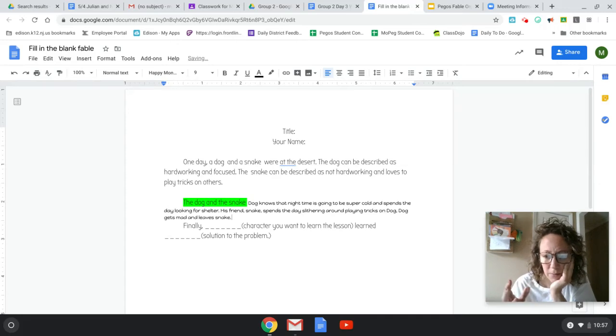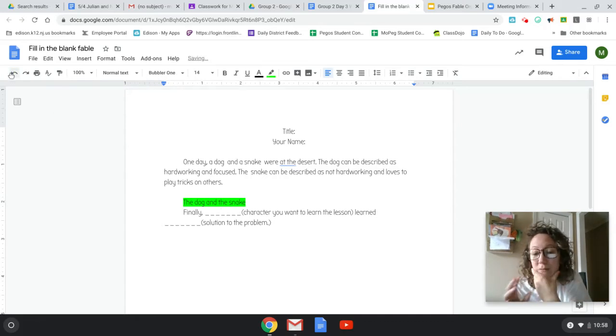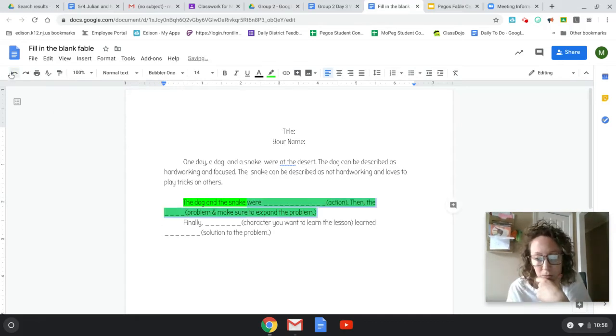And this is my problem, and see if it makes sense. So I could say dog knows that nighttime is going to be super cold and spends the day looking for shelter. His friend Snake spends the day slithering around playing tricks on dog. Dog gets mad and leaves Snake. I can just copy and paste that from my middle if I wanted to, but if I didn't want to and I wanted to work with those fill in the blanks, I can do that too.